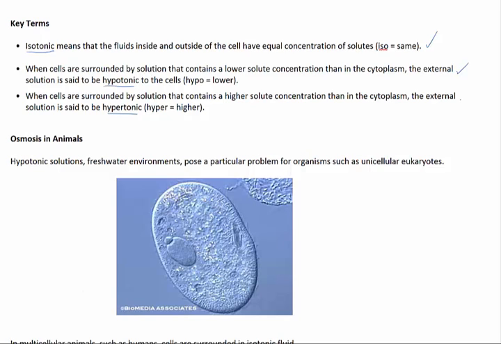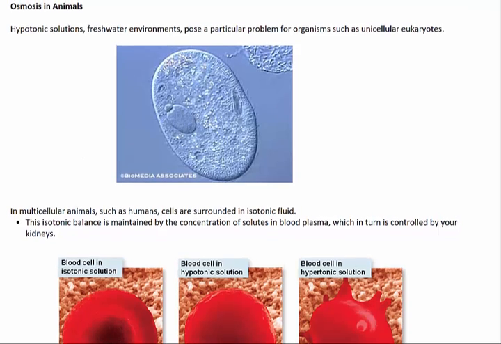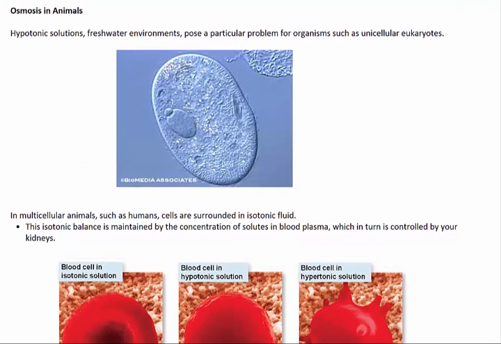When cells are surrounded by a solution that contains a higher solute concentration than in the cytoplasm, the external solution is said to be hypertonic, hyper meaning higher. In this case, the water molecules will diffuse out of the cell because it is moving down a concentration gradient.